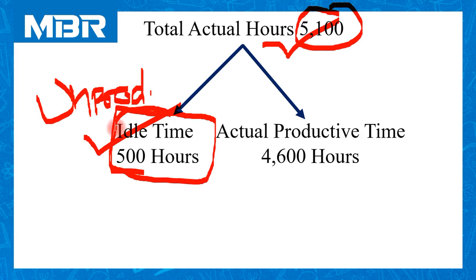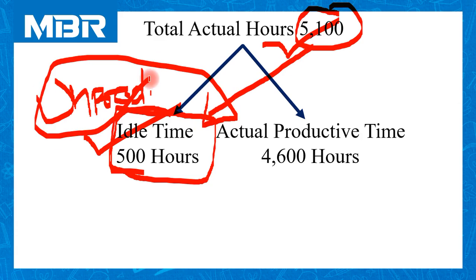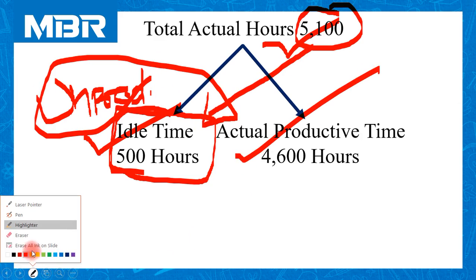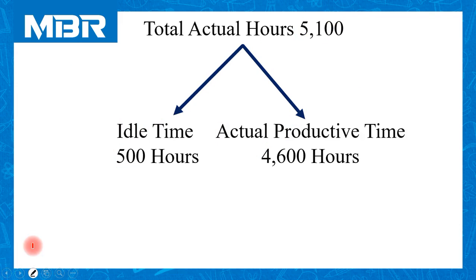It means the company is not able to get any kind of output in these 500 hours. So out of 5,100, if 500 hours are IT, or you can say unproductive, the rest of 4,600 hours is defined as productive time.